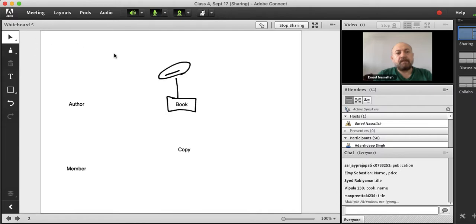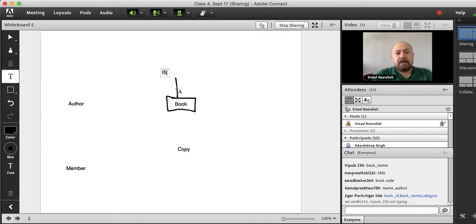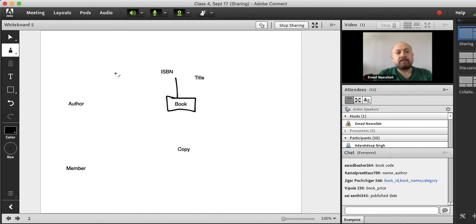Every book has an ISBN, and every book has a title. The ISBN will be the primary key, and it has a title.